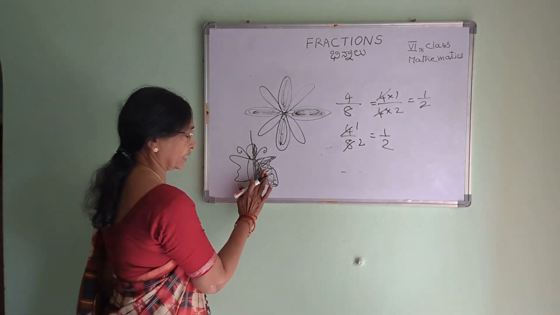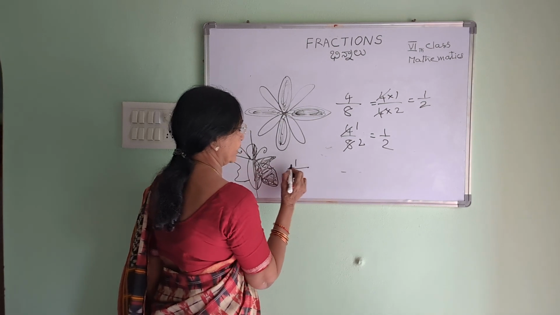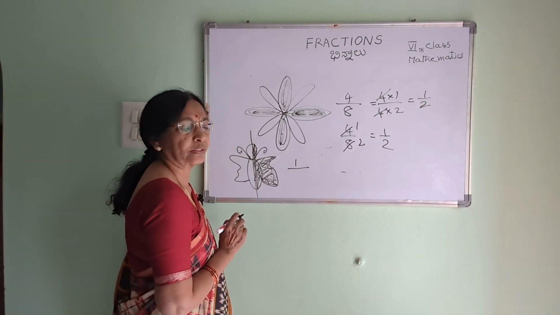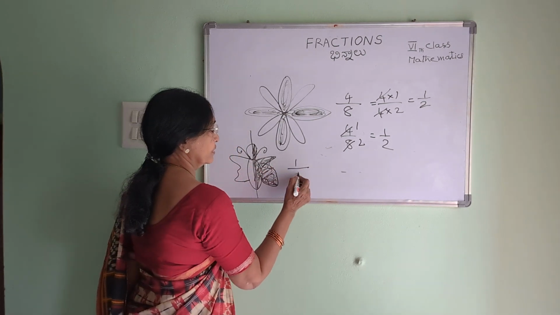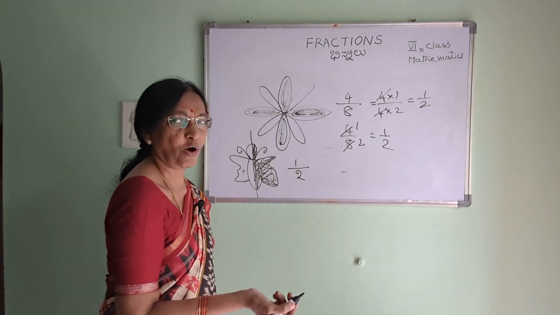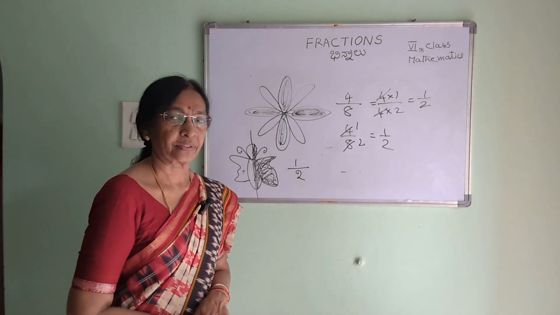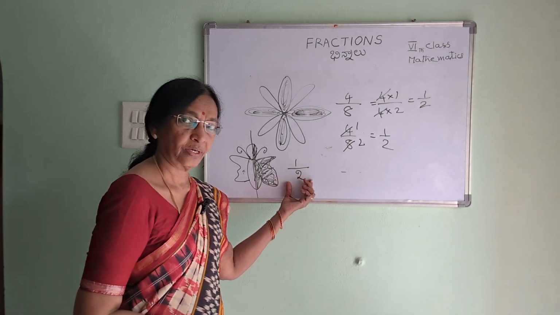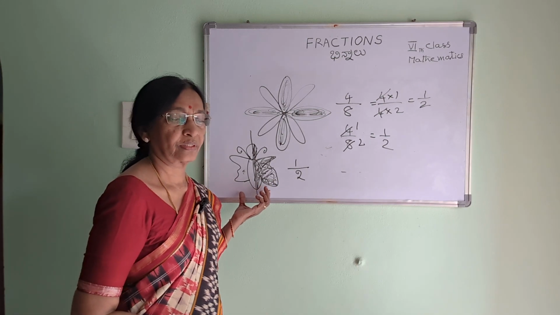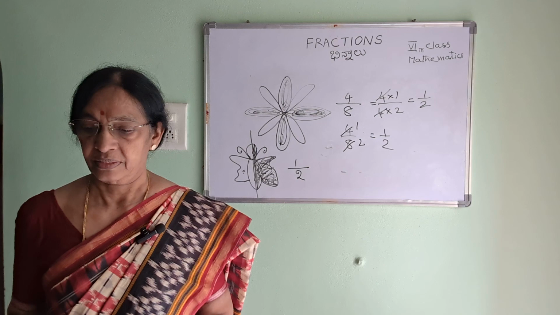Out of two equal parts, one is colored or shaded. So total parts 2. Therefore 1 by 2. Half portion of this figure is shaded. So half of the figure is shaded, like that.